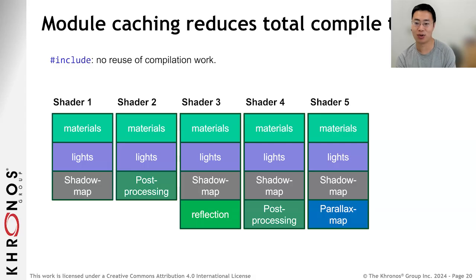So these files will use different combinations of the same set of features that your engine supports. And with pound includes, there is really no way to reuse any compilation for things like materials and lights across different shader compiles, because they are pasted into the shader file by the preprocessor before any parsing and type checking. So there will be a lot of redundant work to compile these 5 shaders.